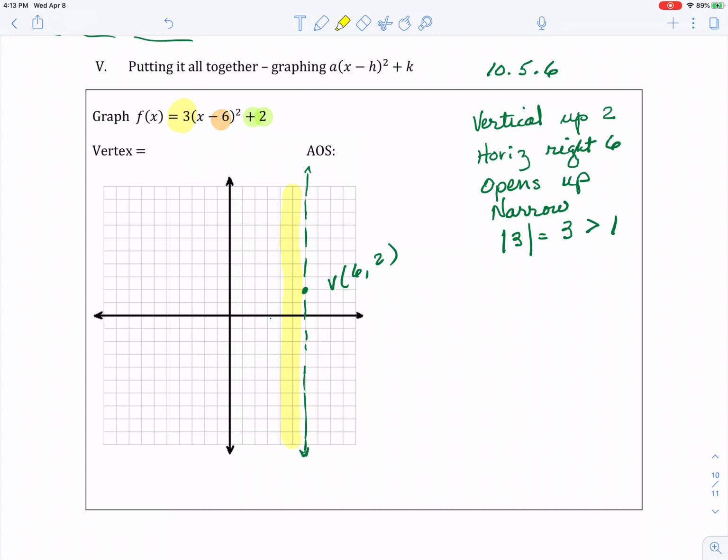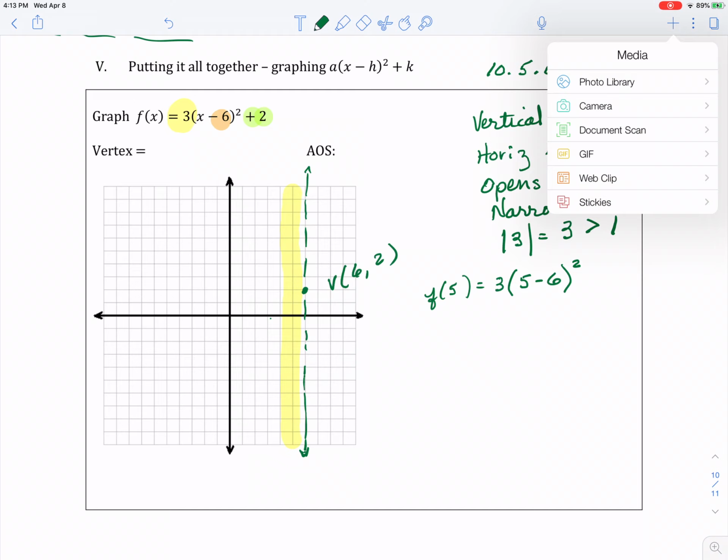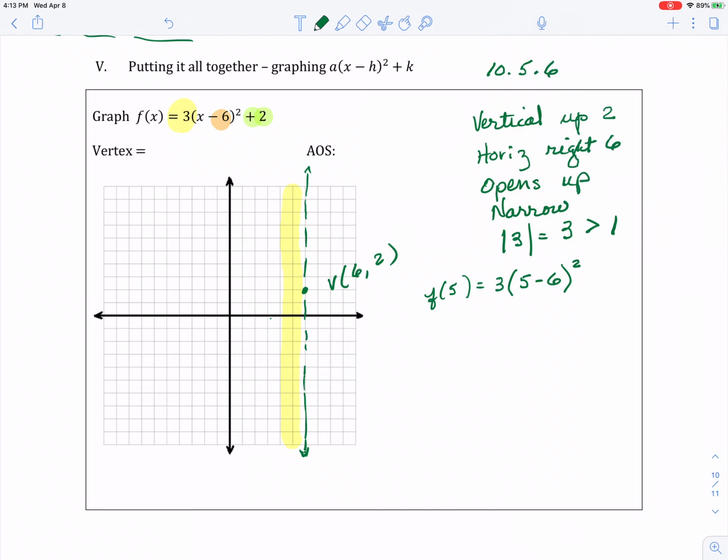That x value that runs up and down there is an x value of 5. I could have chosen 7 because that would have been slightly to the right. Again, I try to choose an x value that is close to the axis of symmetry in order to get my second point.